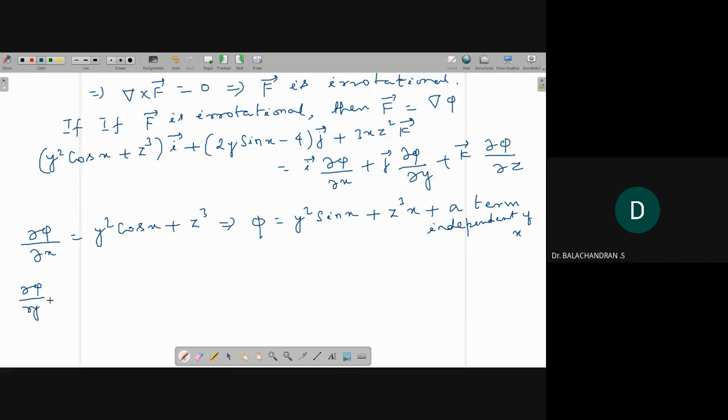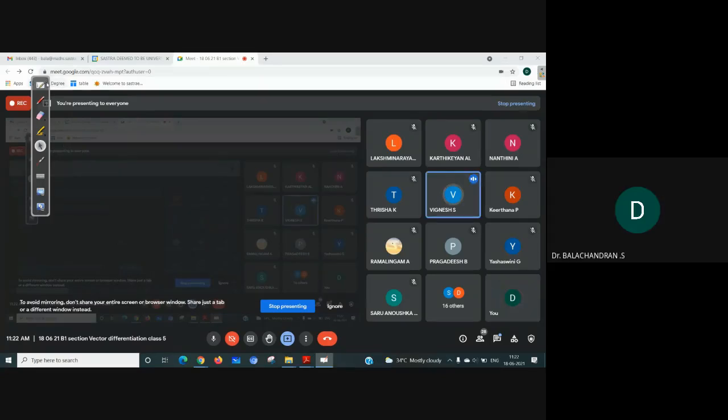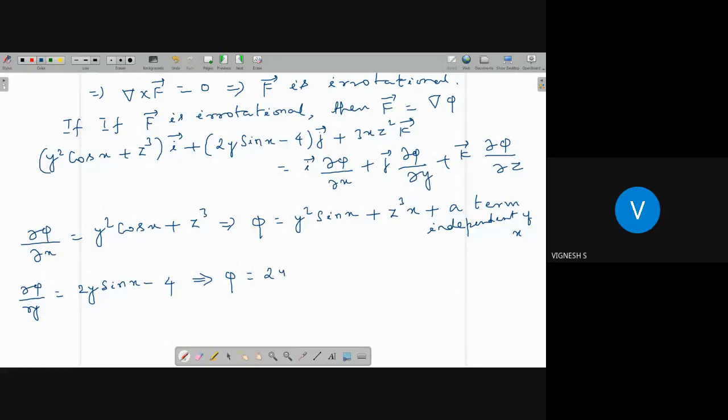Independent of x. Okay. Similarly, next ∂φ/∂y. What is ∂φ/∂y? 2y sin x − 4. Vignesh, can you tell? y² sin x, very good. y² sin x − 4y, plus a term independent of x and z.